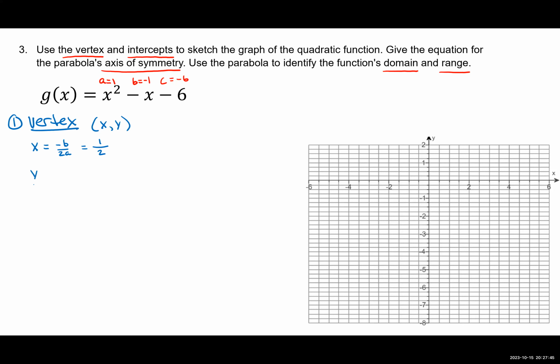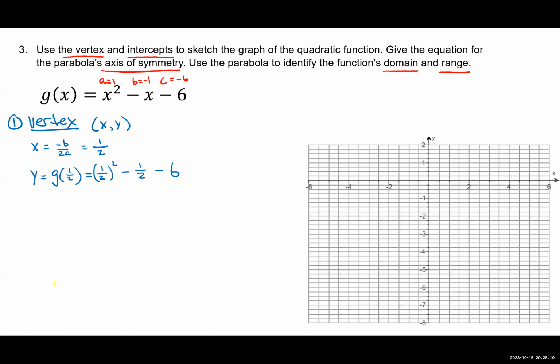So now the y value, we take the number 1/2, we plug it into our function. So that's g of 1/2. This is the g function in this problem, so it's plug 1/2 into the g function. So that's 1/2 squared minus 1/2 minus 6.